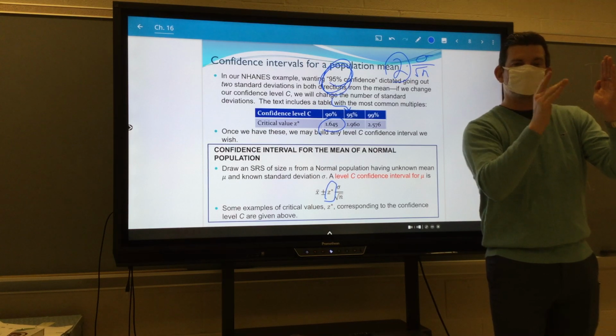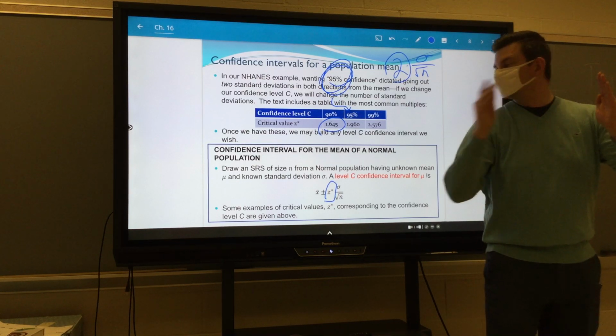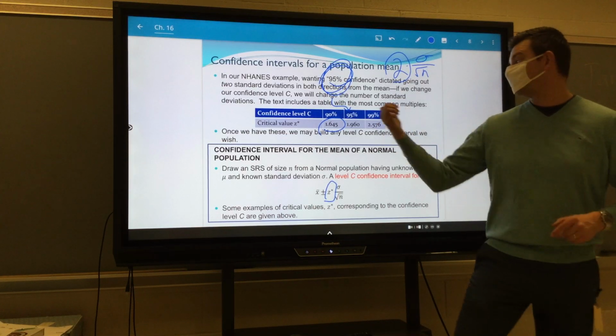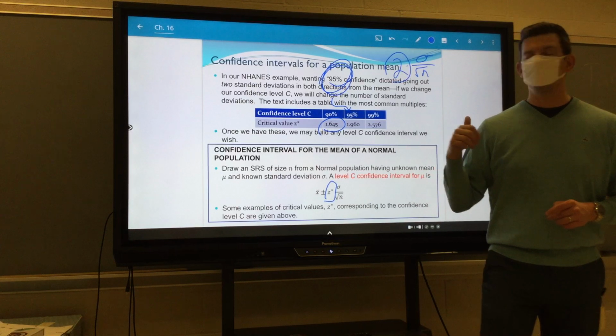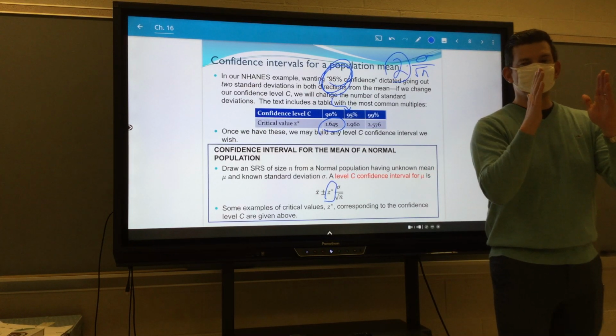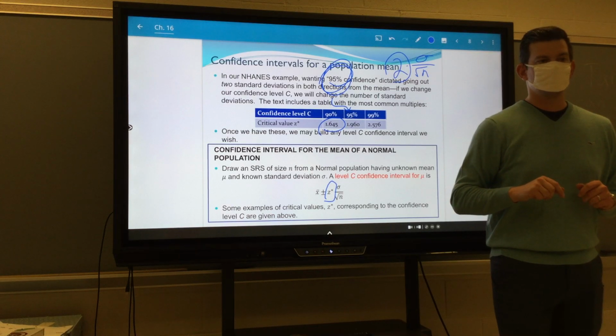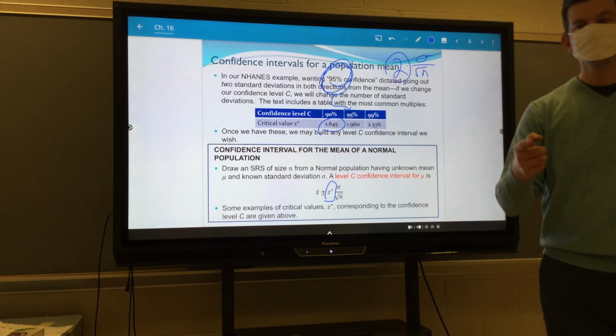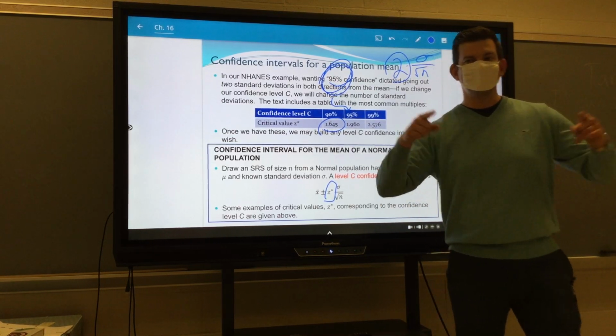But there's a sacrifice for that. I'm lowering my level of confidence that the true value is actually there. It had been 19 out of 20 times, 95%. Now, the price to pay is I'm only 9 out of 10 times going to have that true value. Go back to the empirical rule. 68, 95, 99.7.